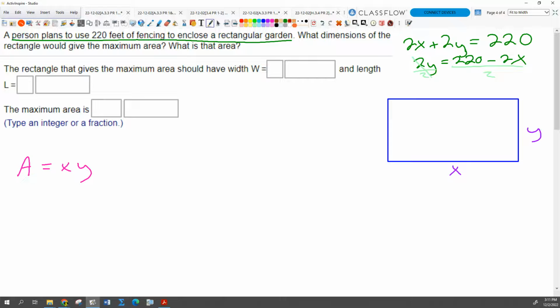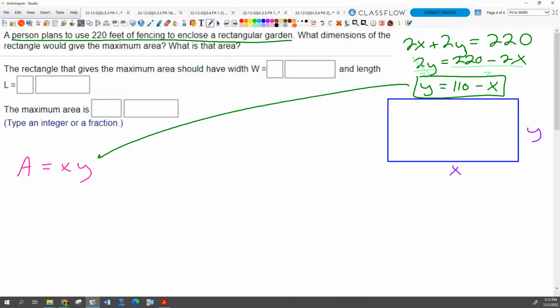Okay, so if I divide by 2, I get y equals, I've got to divide everything by 2. 220 divided by 2 is 110. 2x divided by 2 is x. Okay, so I get the substitution equation, y equals 110 minus x. Well, I can make that substitution right there.